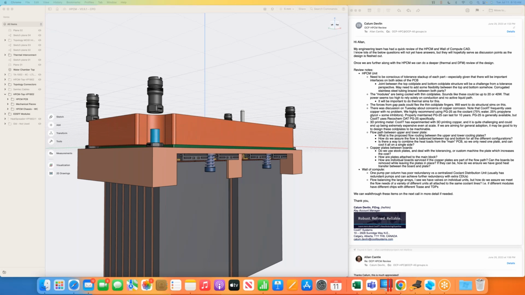So that's normally a situation where you'd want to add some flexibility somehow. If you have a brazed connection there, that's where you might run into problems.